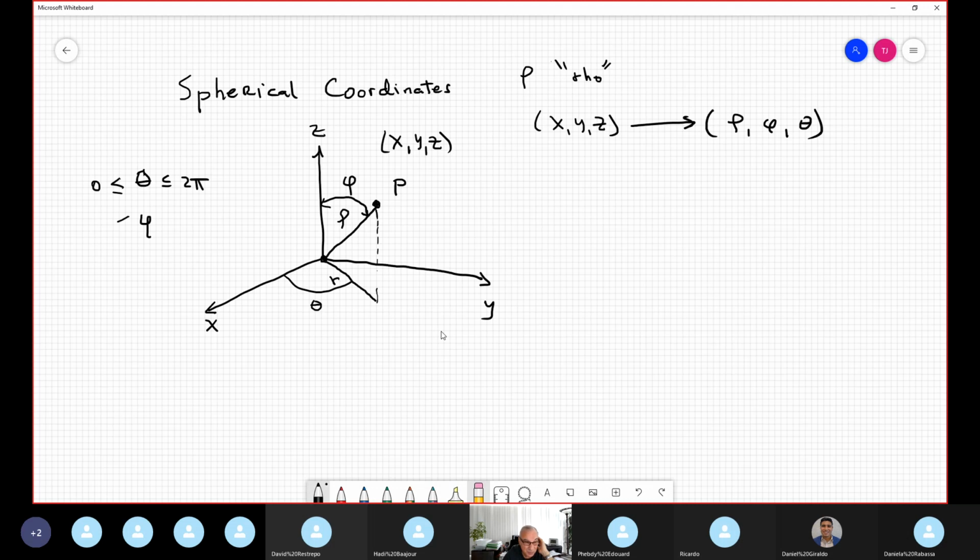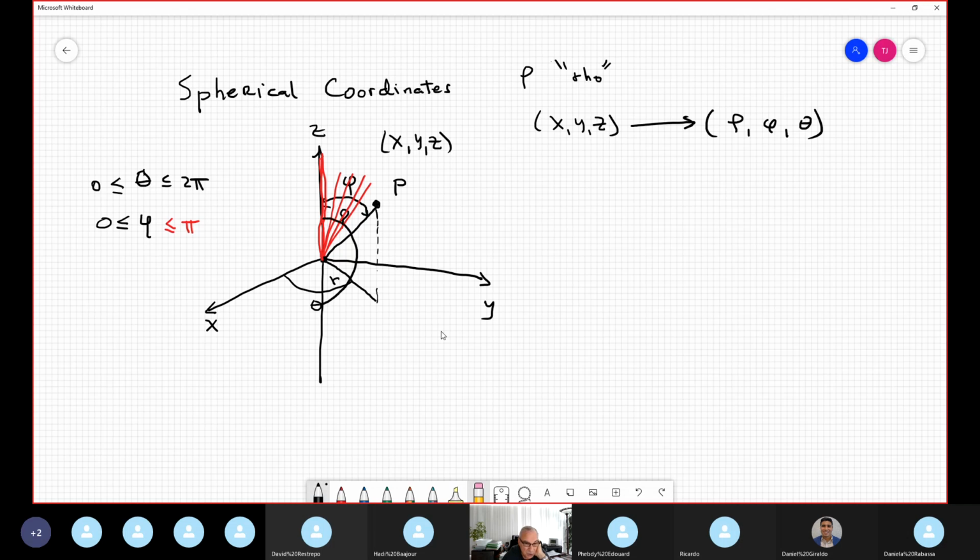The students don't understand phi very well, because phi 0 is exactly on the z-axis. Okay, see it going in this direction, and ending in pi. And pi is completely here.